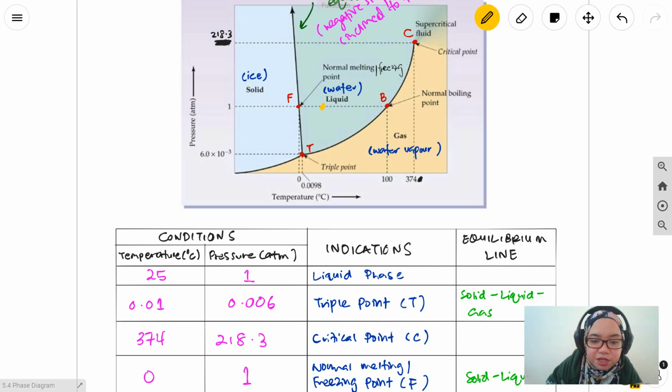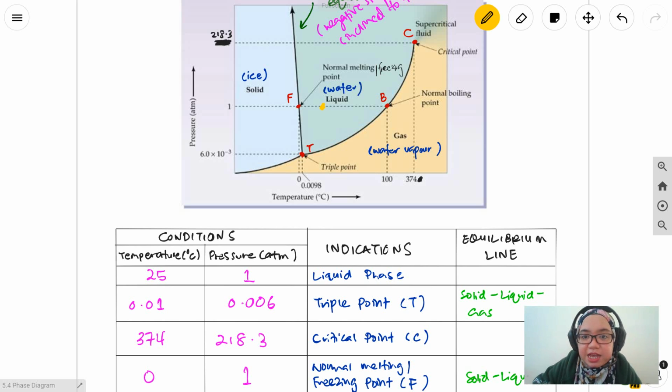This is the triple point. At 374 degrees Celsius and at 218.3 atm, this is where the critical point for water is.